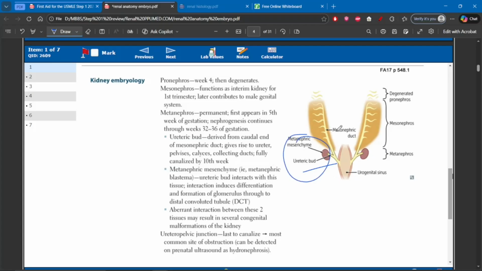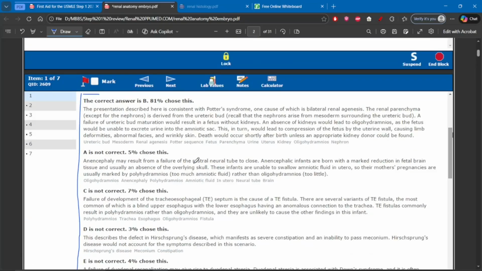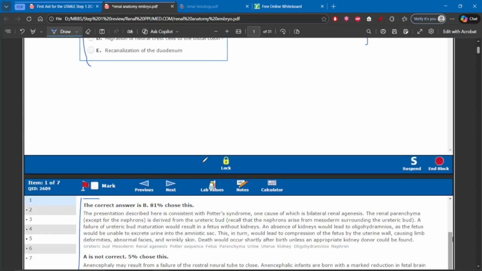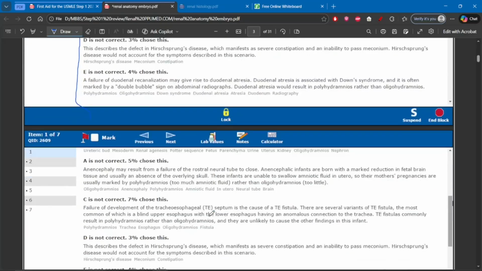So if there is renal agenesis, then you can safely consider that the ureteric bud is somehow not formed, or there is a problem in its formation. So you can safely say that this is the culprit, right?